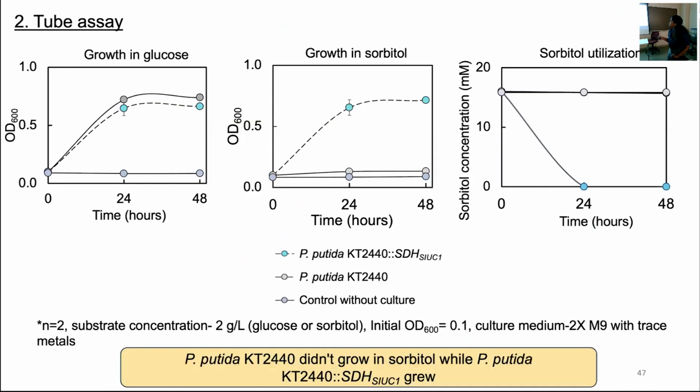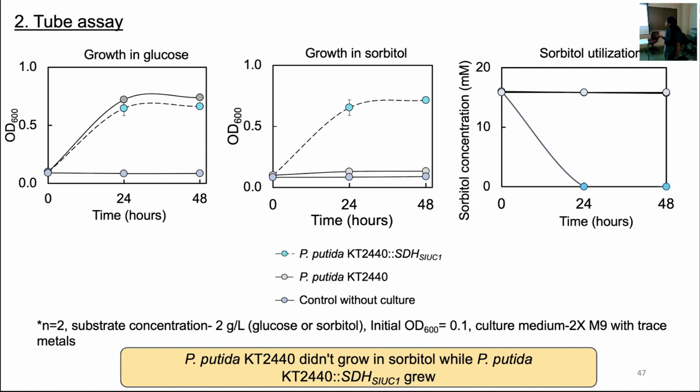So to further confirm this data, we conducted a tube assay where we used sorbitol as a sole carbon source. We also studied the growth of the wild-type Pseudomonas putida KT2440, as well as the STH strain, in glucose. And after that, we used sorbitol as the sole carbon source for the growth of these two organisms. We observed that the engineered strain was growing in sorbitol-containing medium, but we couldn't see the wild type growing there.